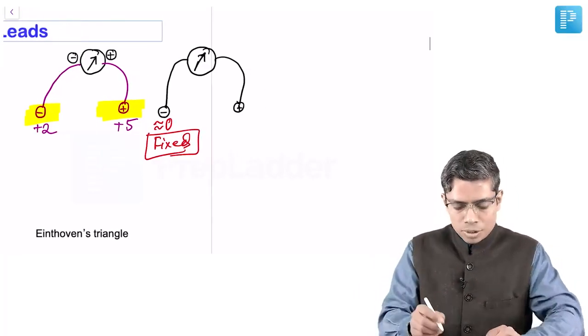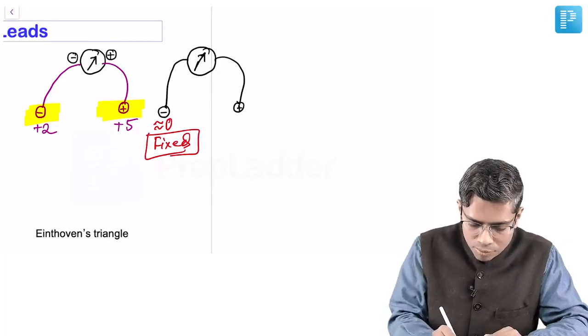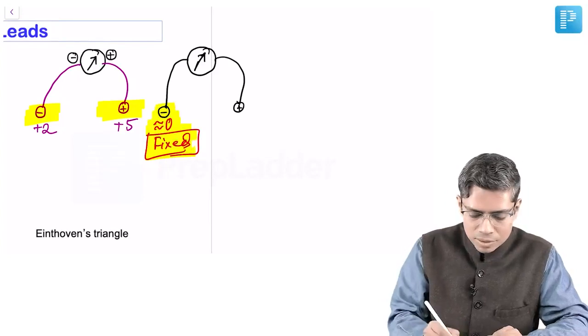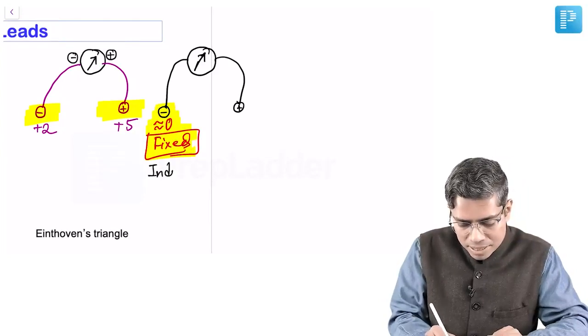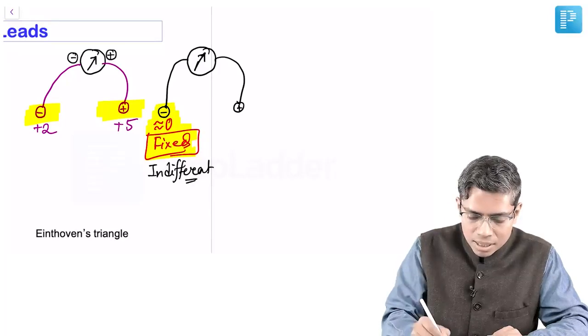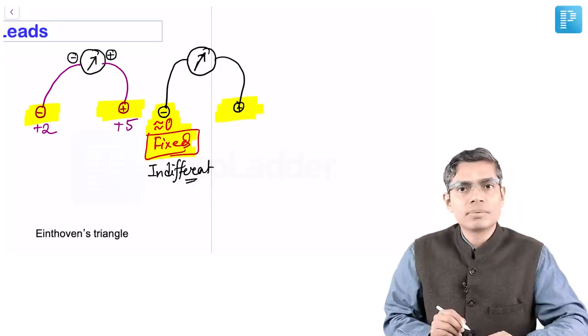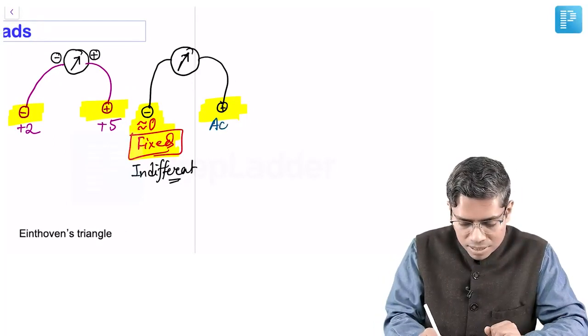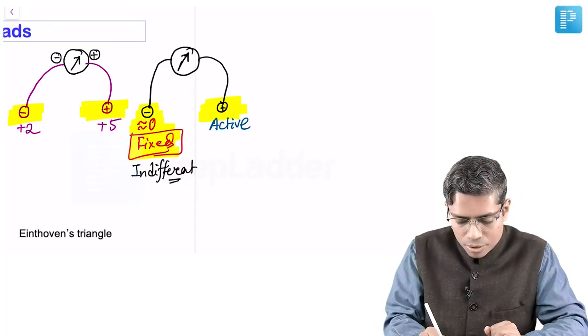So this 0 volt point or fixed voltage point is known as the indifferent electrode, and the other electrode is going to record the voltage from the surface, and this electrode will be known as the active electrode or exploring electrode.